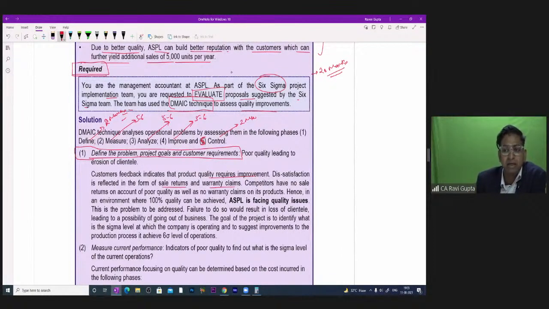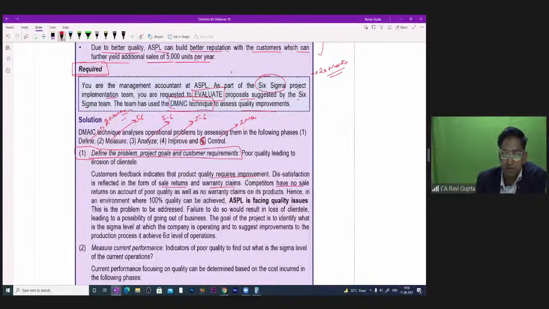So definitely, if the customer has given us feedback, that feedback could be verified from the sales return and warranty claims. In the current situation, there is an environment where our competitors are achieving zero defects, and still we are facing defectives.